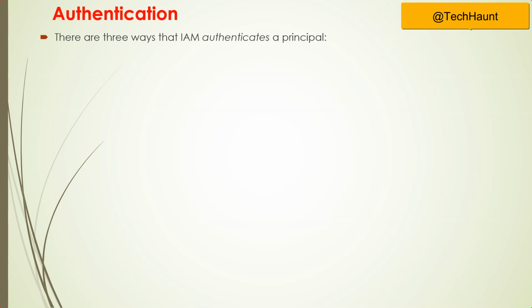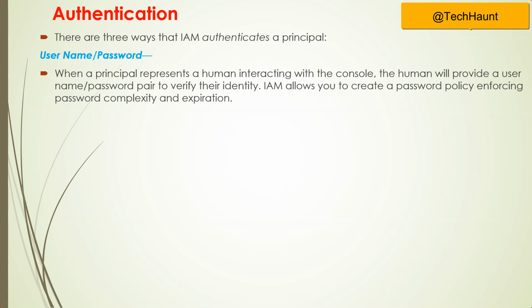That's authentication. There are basically three ways to authenticate a principal with IAM: username and password, access keys, and session token. Let's start with the username.